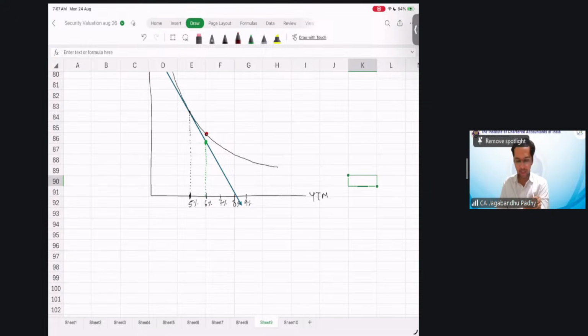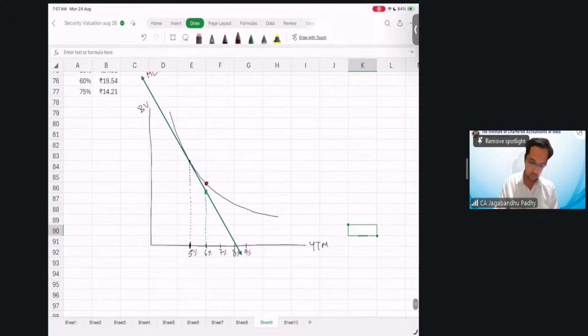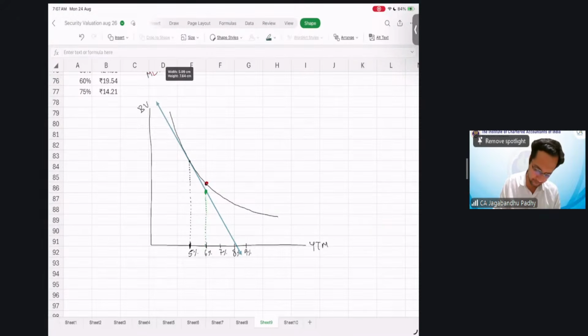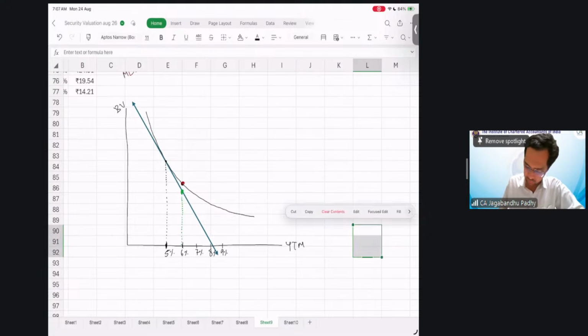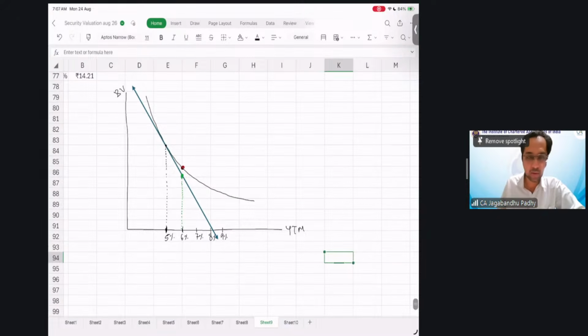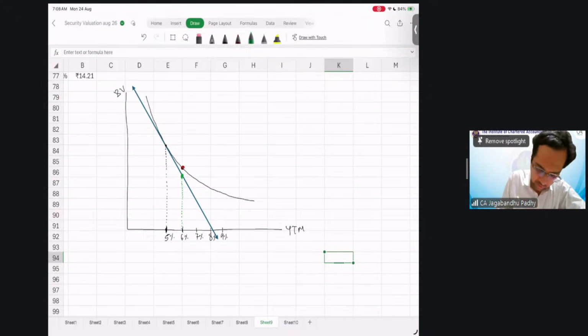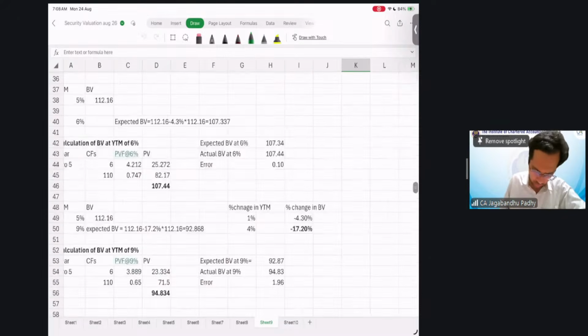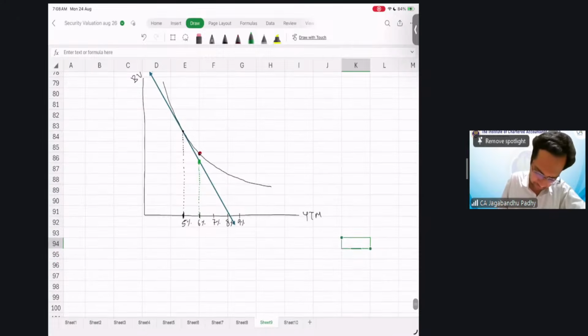So do we see some gap between the price estimated by modified duration and the actual market price? There is some error, right? This was a modified duration of 4.3.